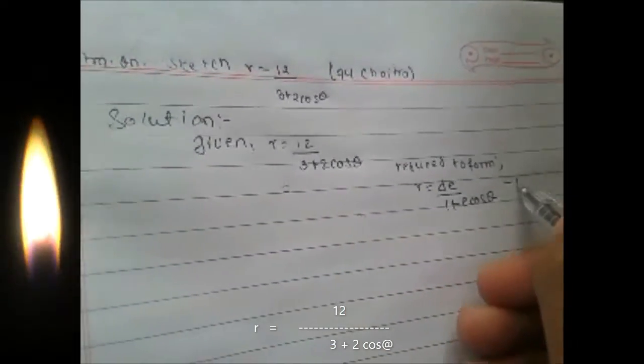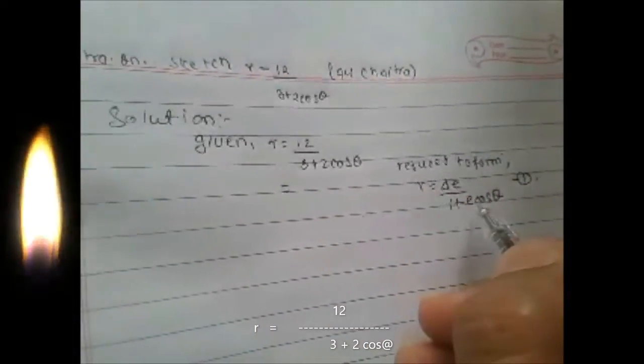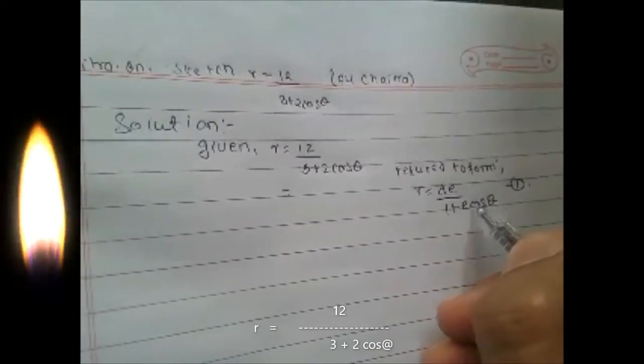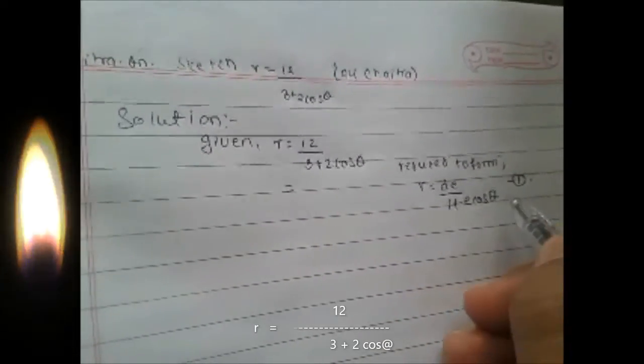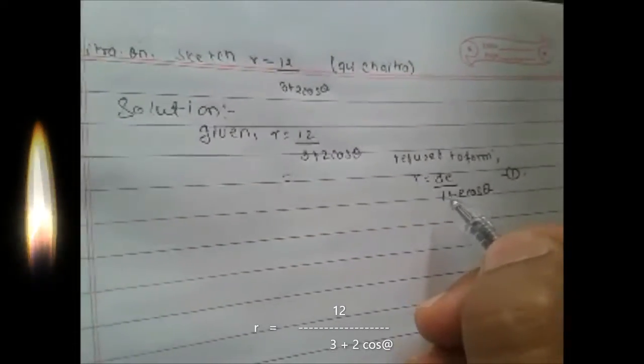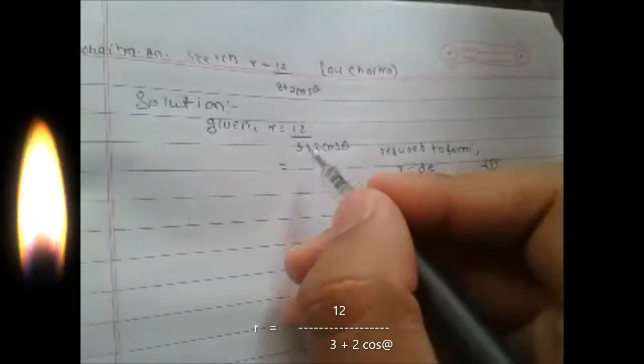Let this be equation 1. So this must be made 1 plus E cos theta as it is. So now we make this in the form of this.